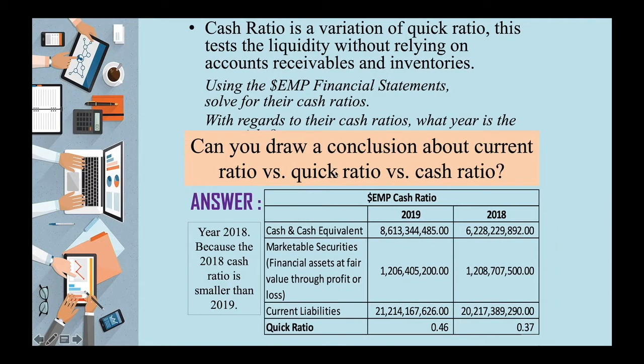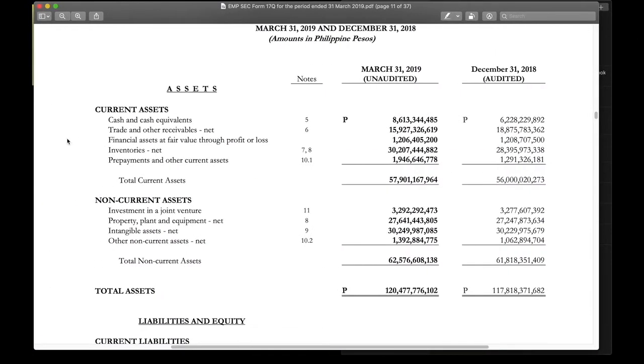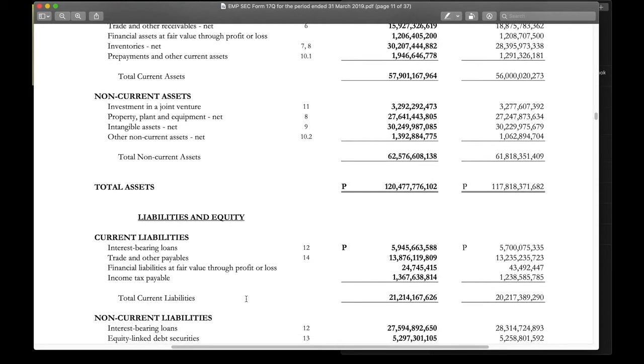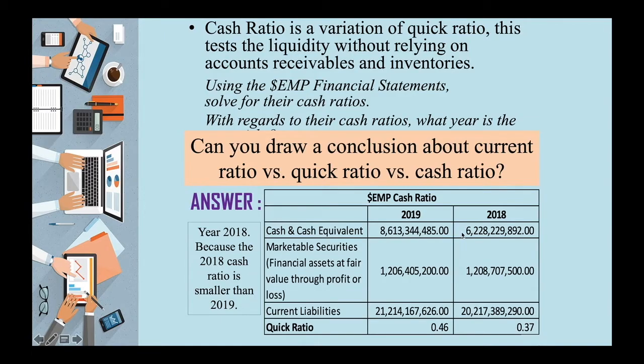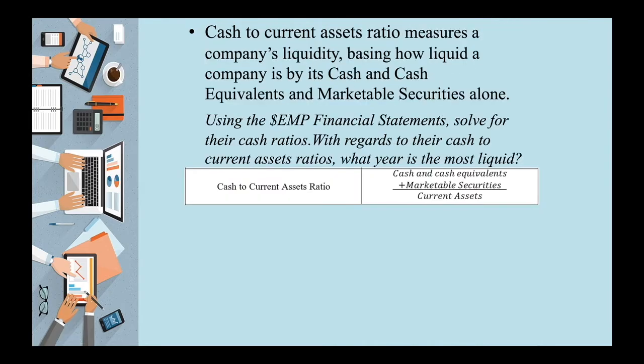For cash ratio, wala siyang kasamang receivables, tanggal ito. So, itong dalawa lang divided by total current liabilities. So, meaning, pinakamaliit si cash ratio, pangalawa si quick ratio, pinakamalaki si current ratio. That is the difference between these three.